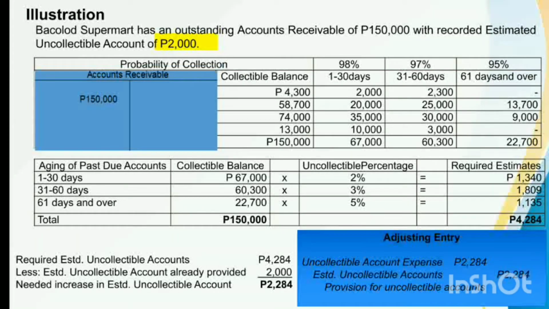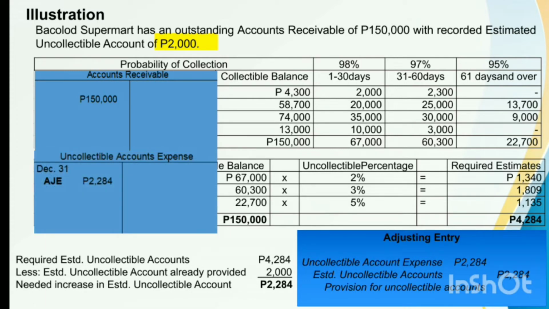After the adjusting entry, the general ledger of accounts receivable and its related estimated uncollectible accounts will show the following posting and balances. So for accounts receivable, it will remain at 150,000 pesos. And then for uncollectible accounts expense, it will now have a debit balance of 2,284 after the adjusting entry.